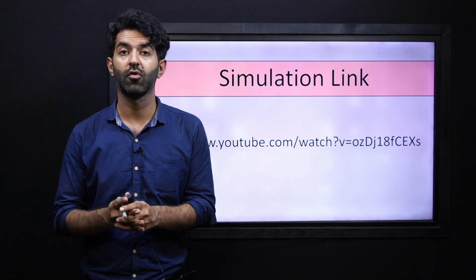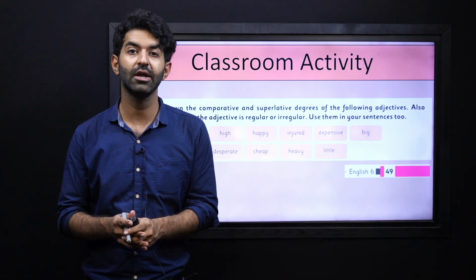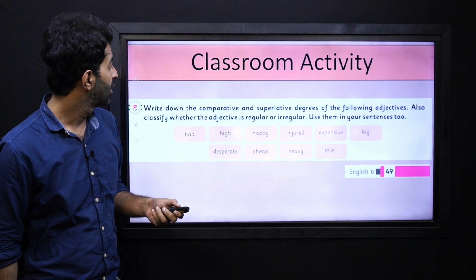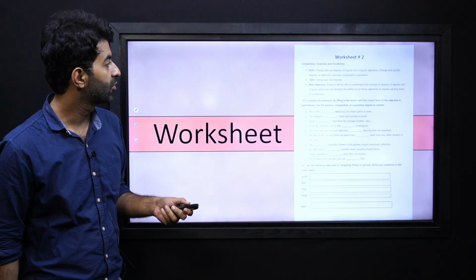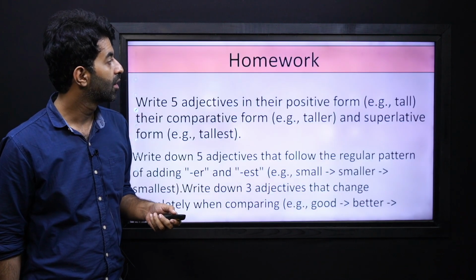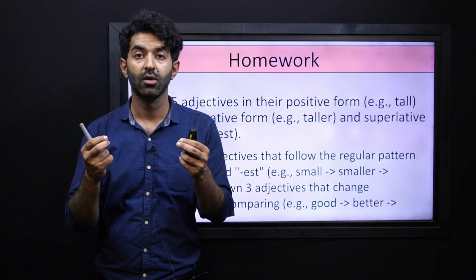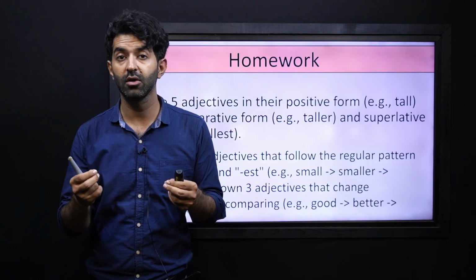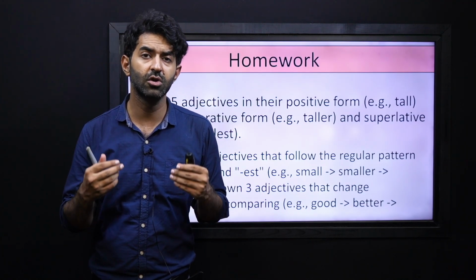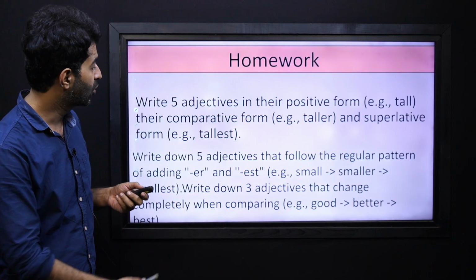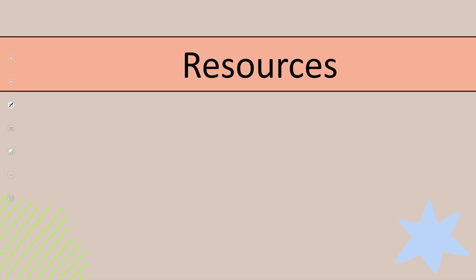Now, here is a simulation link. As always, for your better understanding, you can watch it later. And now the worksheet is added over here. For your homework, what you're going to do is make superlative and comparative degrees of adjectives, use them in your sentences as well. You can read the instructions and attempt this homework.